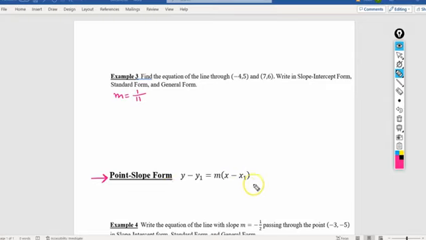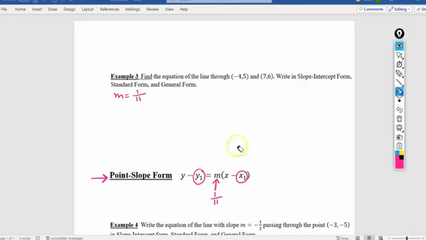Okay, now point-slope form, you need either 1 point and the slope, which we have, or you can get it from 2 points, which is what we started with. So the slope is going to be 1/11. And now we only need 1 point. We have been given 2 points.